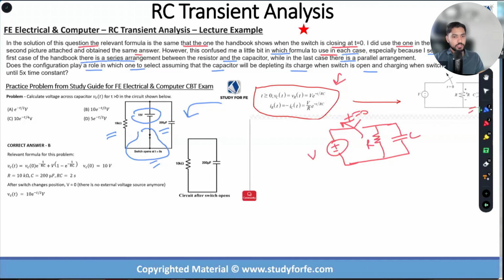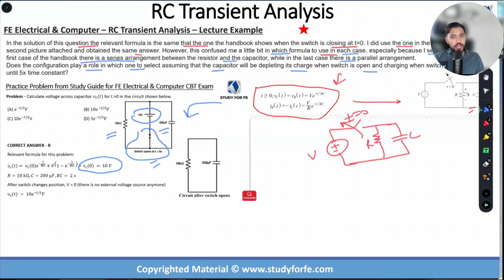What is the voltage with the switch currently in its position? Isn't the 10 volt voltage source directly applied across the 200 microfarad cap? Is it rocket science to identify that VC0 is equal to 10 volts? It's not. It's extremely obvious. You guys agree with this?